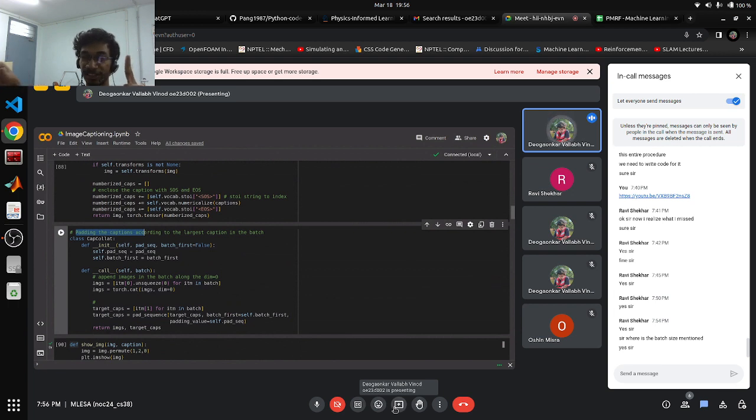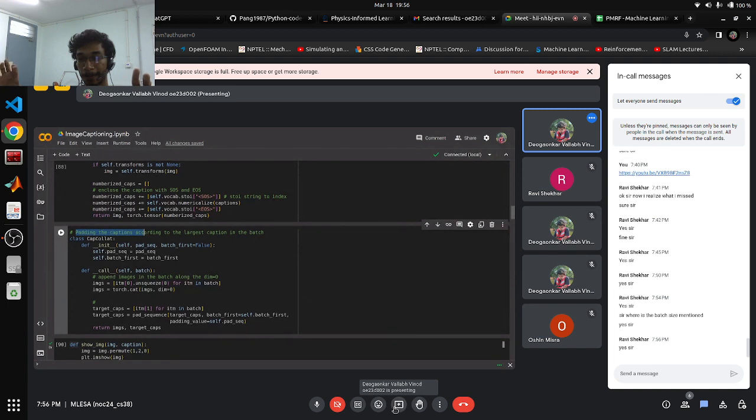I'll put 30 zeros after it to make that also 40. Is that making sense? Okay, so I'm making all of them the same length. Essentially, that is what I've written over here. So I'm padding the captions such that they match the largest caption in the batch.